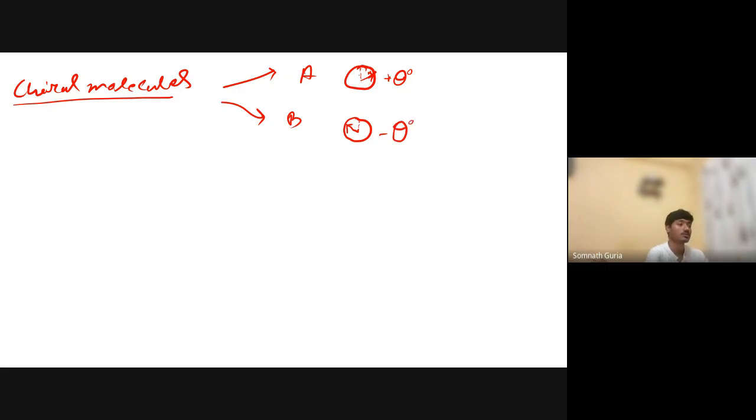Okay, so one isomer rotates by plus theta, another by minus theta. Now the question is, is this light chiral? As we know, to detect a chiral molecule, we need a chiral environment. Now the question arises, is the light chiral?